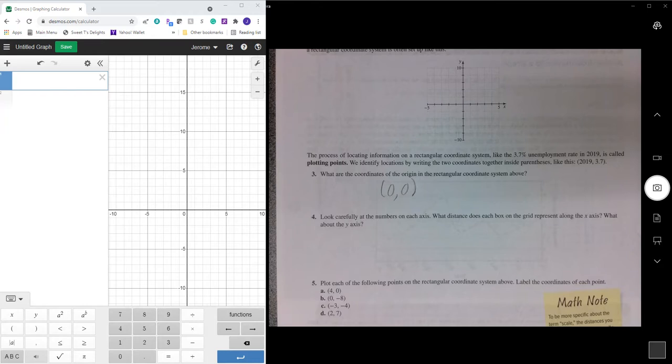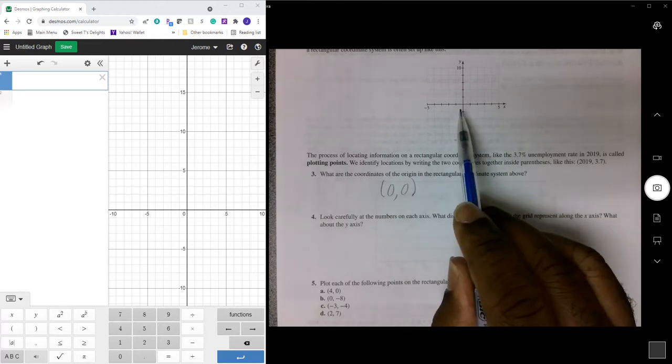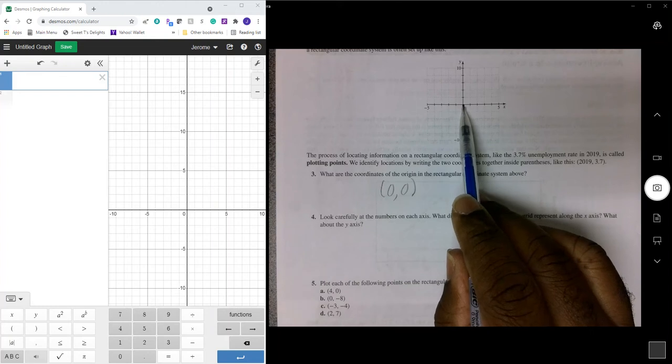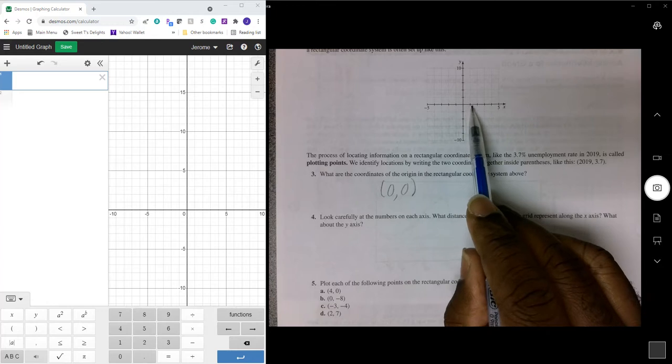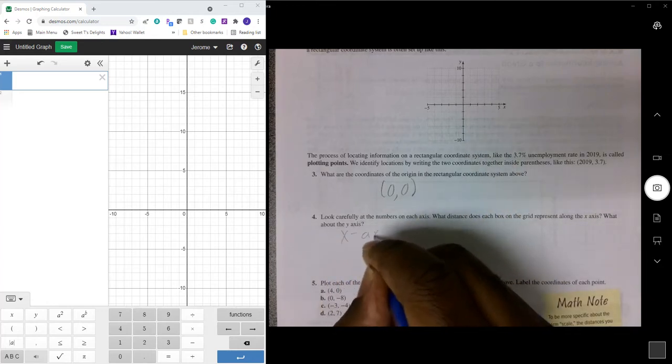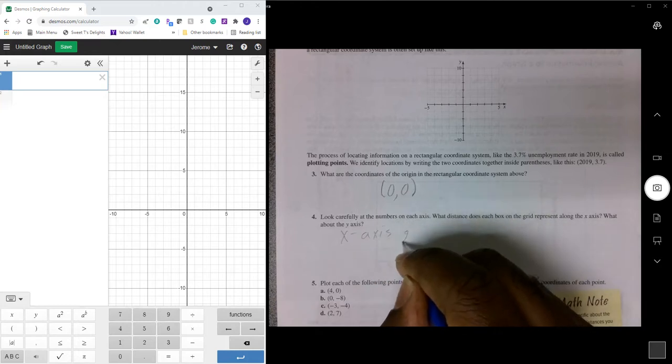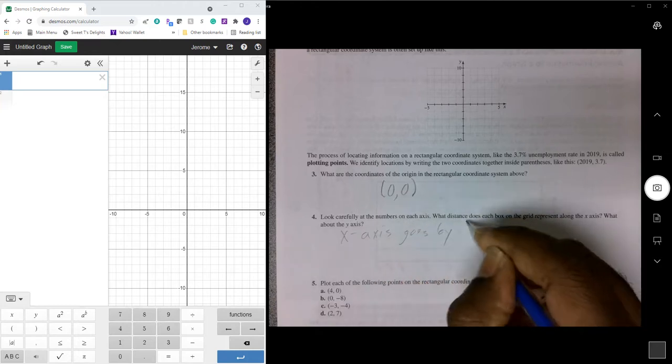What distance does each box on the grid represent along the x-axis? What about the y-axis? Okay, now if we look at the x-axis, starting at the origin, we always start at the origin. We have 5 tick marks here. So each one of these are going up by 1. So the x-axis goes by 1 unit.